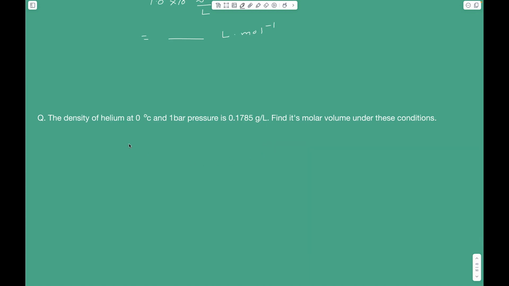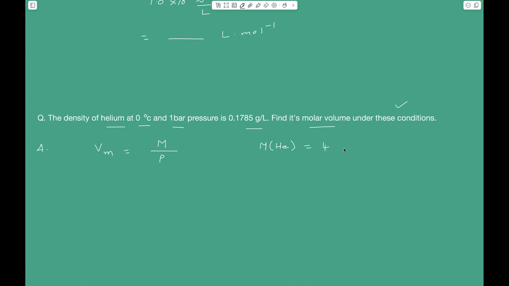Now, in this question, we are given the density of helium at this temperature and pressure. We are asked to find its molar volume at this temperature and pressure. Again, molar volume is given by the ratio between its molar mass and its density. Now, what is the molar mass of helium? The atomic weight of helium is approximately 4.